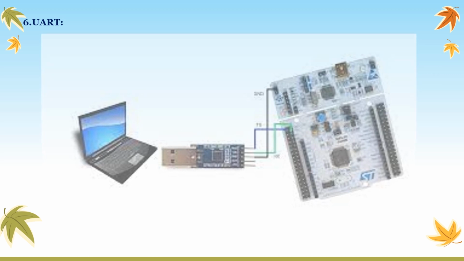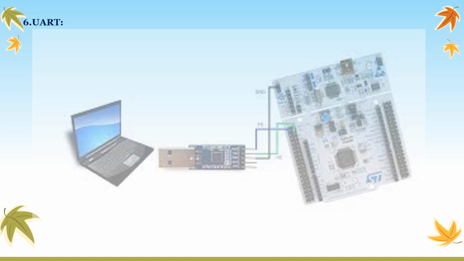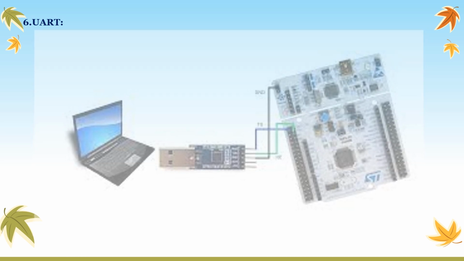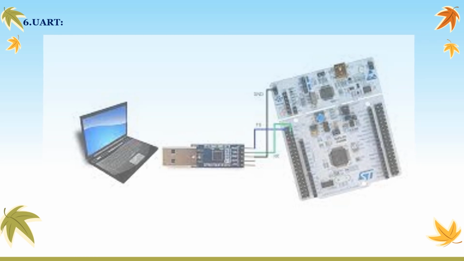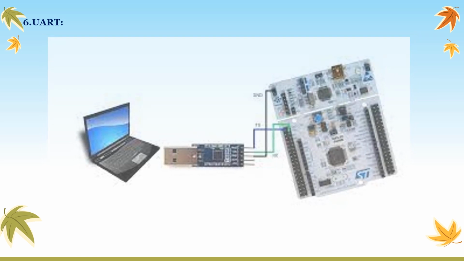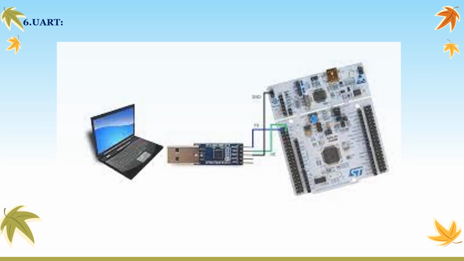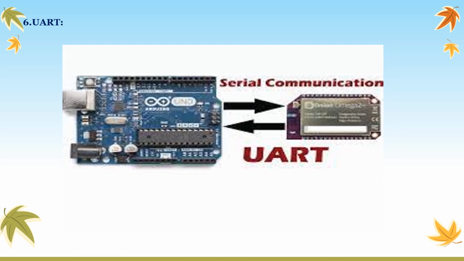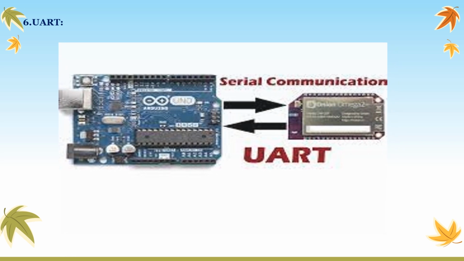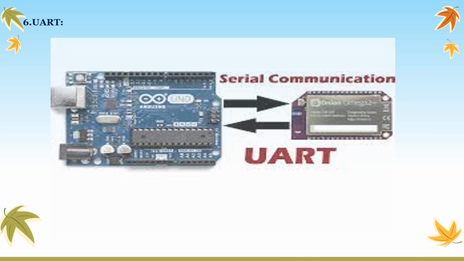These UARTs provide a full modem control handshake interface during transmitting or receiving data. They use a 16-byte FIFO during transmitting or receiving the data. For covering a wide range of baud rates, they also contain a built-in fractional baud rate generator, therefore there is no need for an external crystal of a specific value.